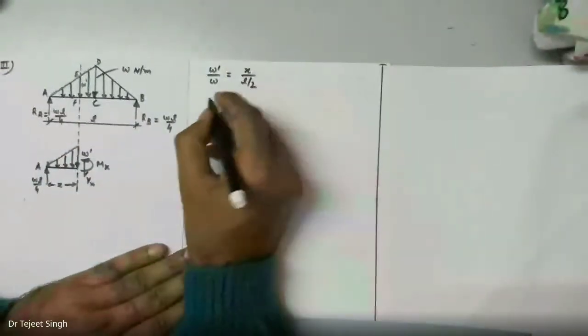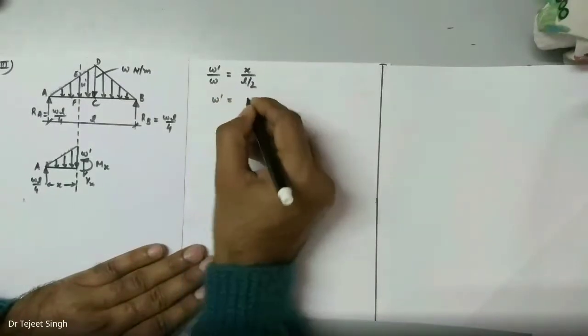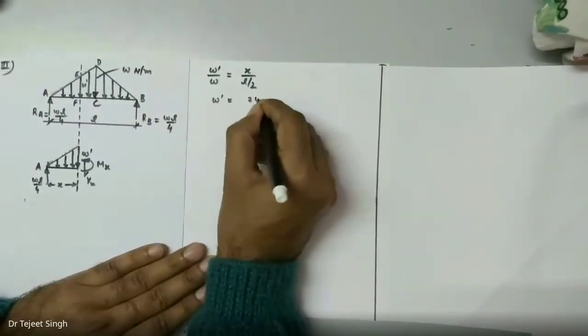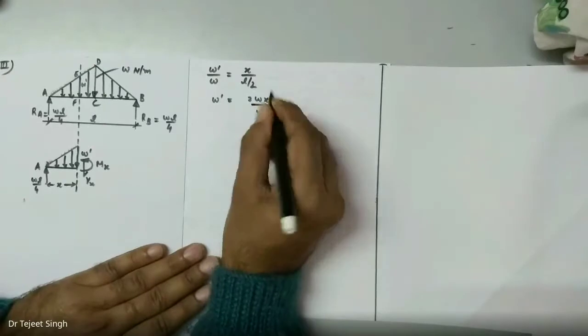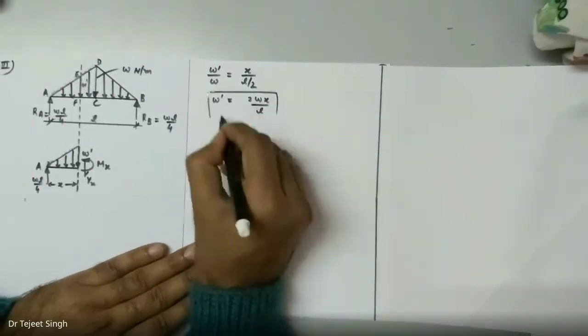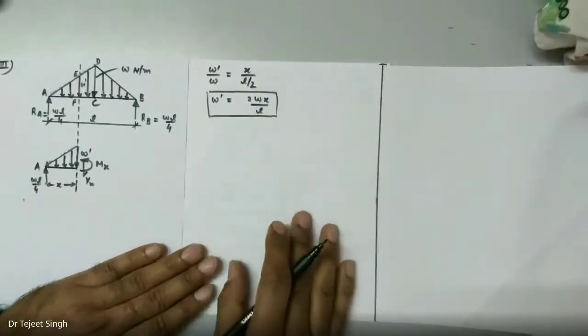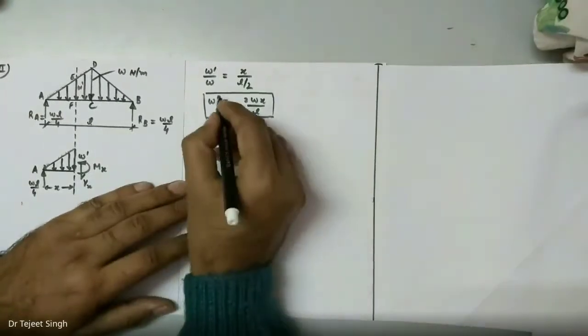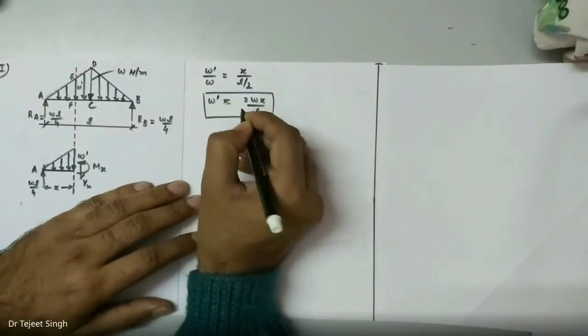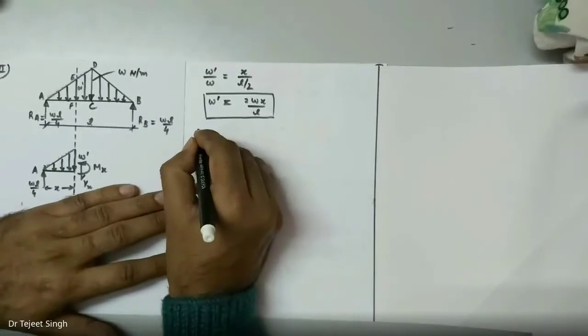Now from here I write load W dash is equal to 2WX by L. Okay. So this is the first step that you need to determine this W dash because I'm going to use it further.